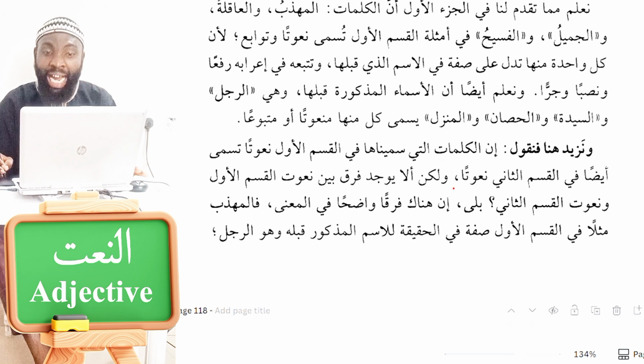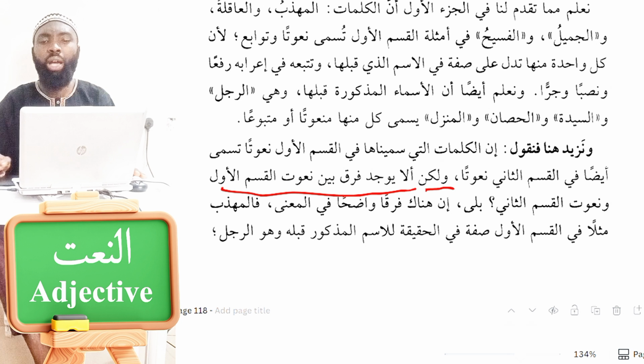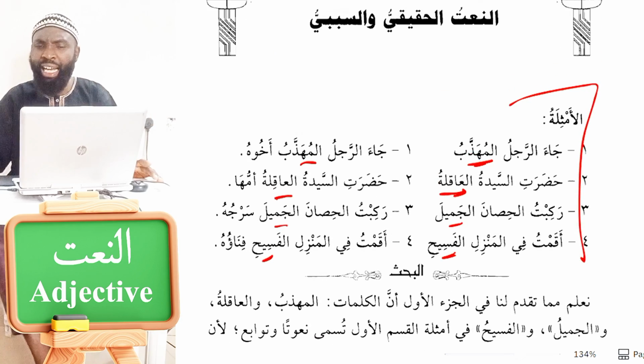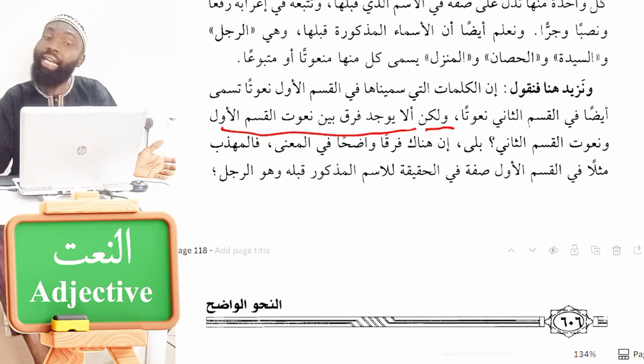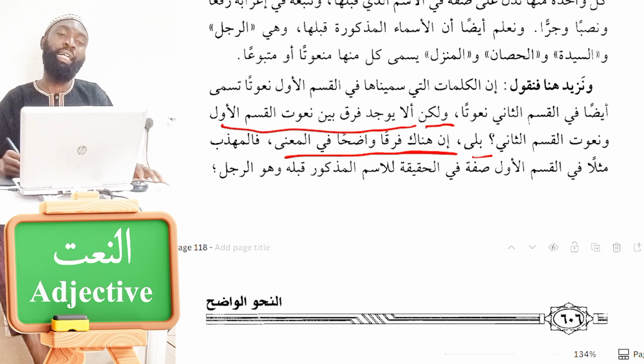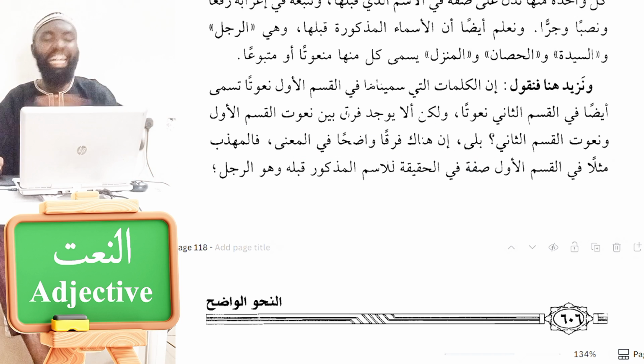Adjectives. But is there no difference between the adjectives of the first section and the second section? Of course, there are differences. Indeed, there is a clear difference in meaning.